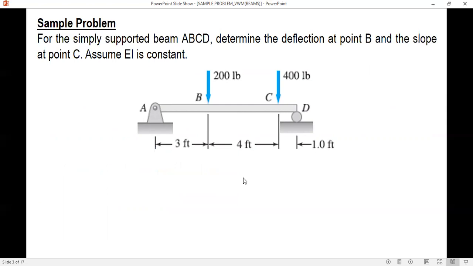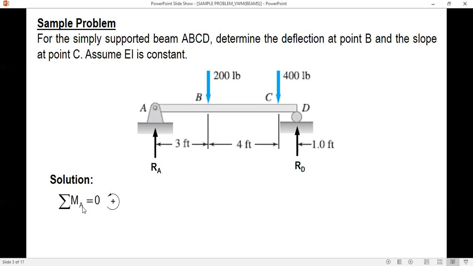So, first thing you need to do is solve for the reactions. Assume that the reaction at A is upward and the reaction at D is also upward. You can sum up moment either at A or D to solve for one of the reactions.